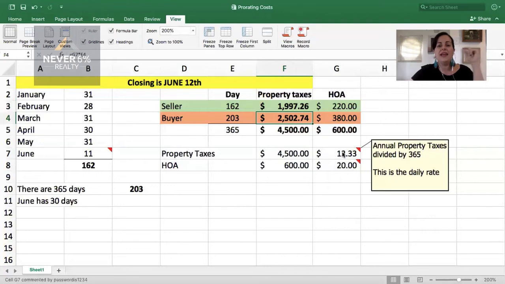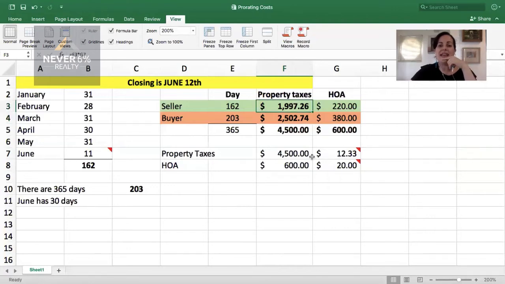You press enter, and this means that for the first 162 days that the seller was holding the property, he has to pay $1,987.26.